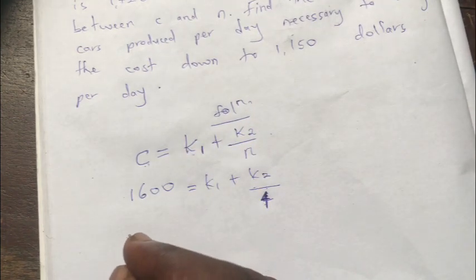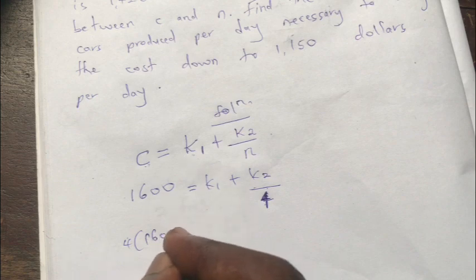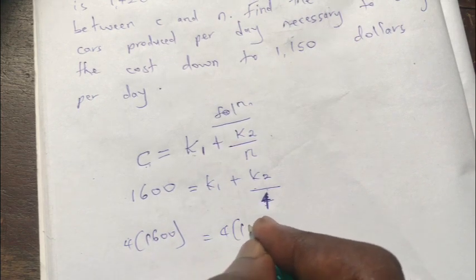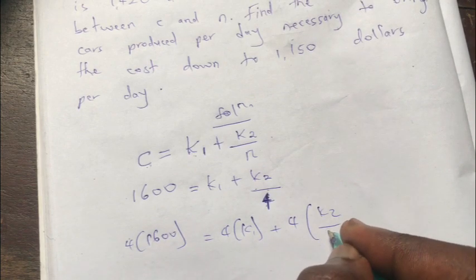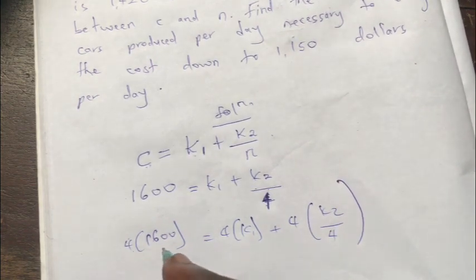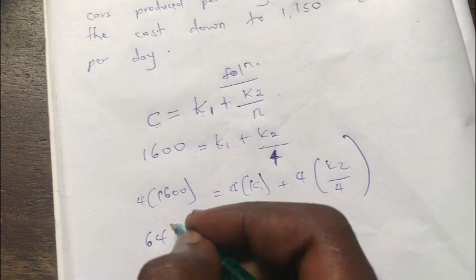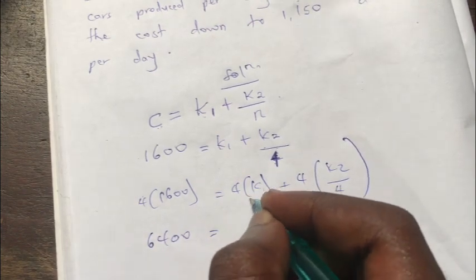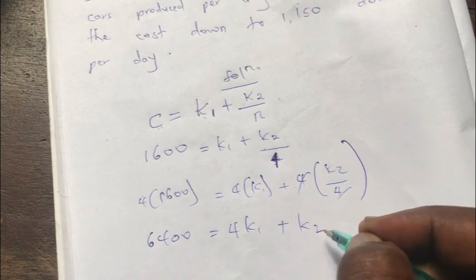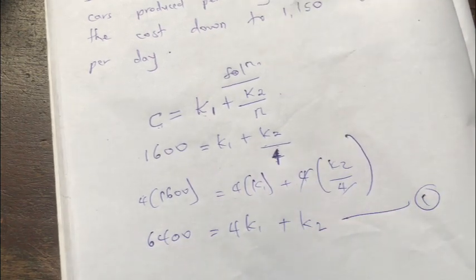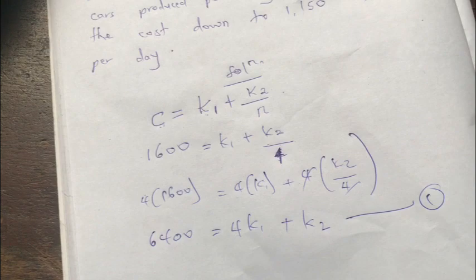So 4 times 1,600 equals 4 times K1 plus 4 times K2 over 4. Then 4 times 16 will give you 64, add your 2 zeros, equals 4K1 plus, 4 cancels itself, K2. This becomes our equation 1. I hope you are there. We are going to do the same thing for equation 2.